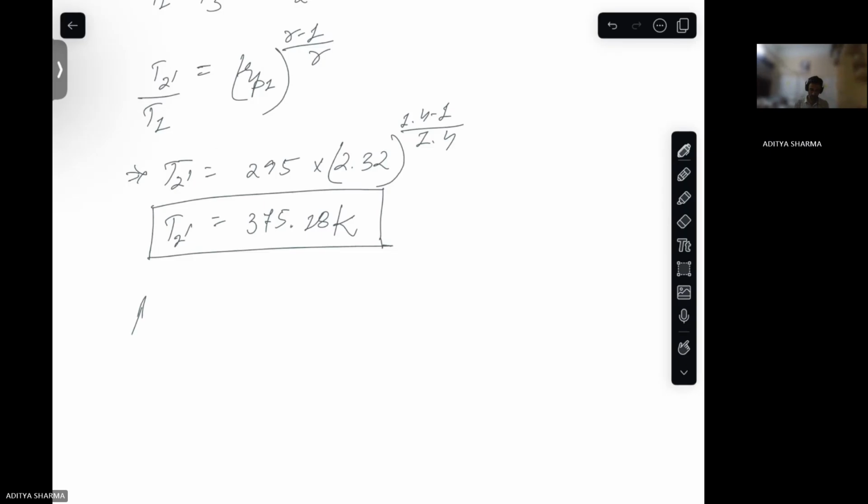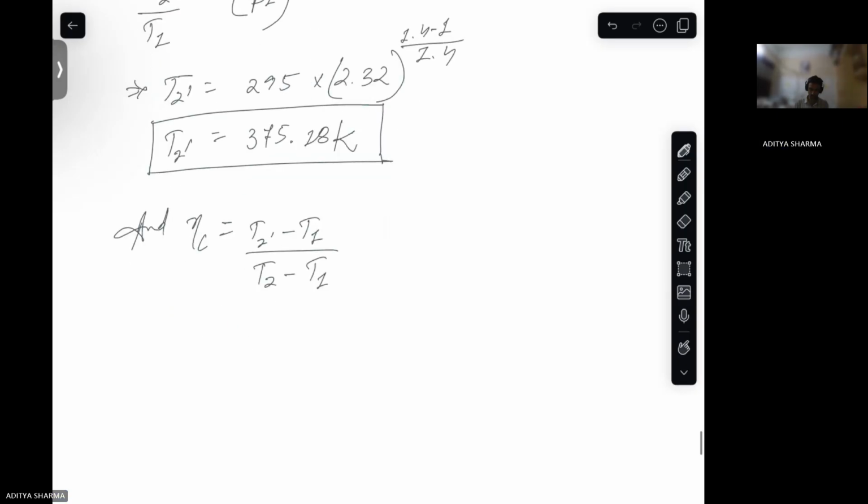Now efficiency is T2 dash minus T1 divided by T2 minus T1. Implies 0.94 is equal to 375.18 minus 295 divided by T2 minus 295.